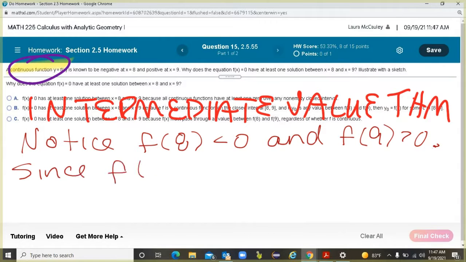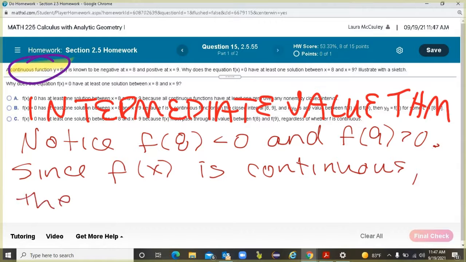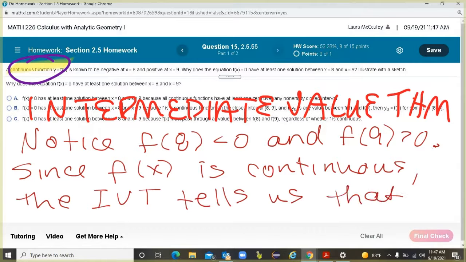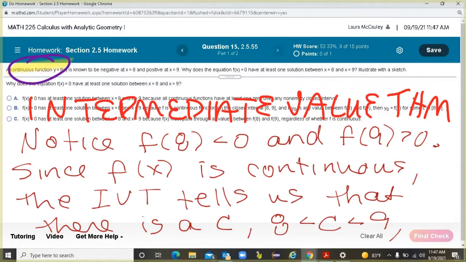Since f of x is continuous, the intermediate value theorem tells us that there is a c between 8 and 9 such that f of c equals 0.